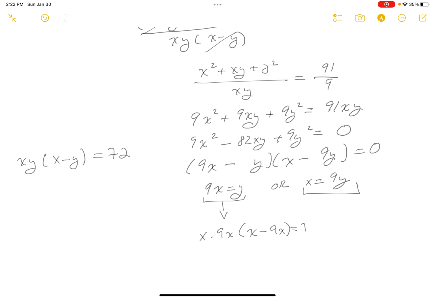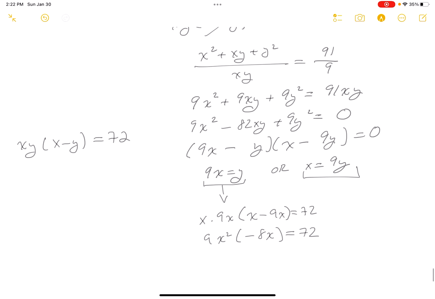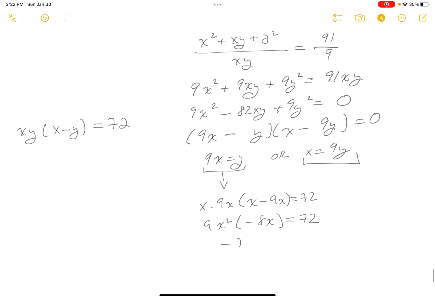And what's that equal? 72. Well, let me see if I can figure that out. What do you get? 9x squared minus 9x, minus 72. Don't be discouraged. Keep going forward. And what do you get there? Minus 72. x cubed equals 72.